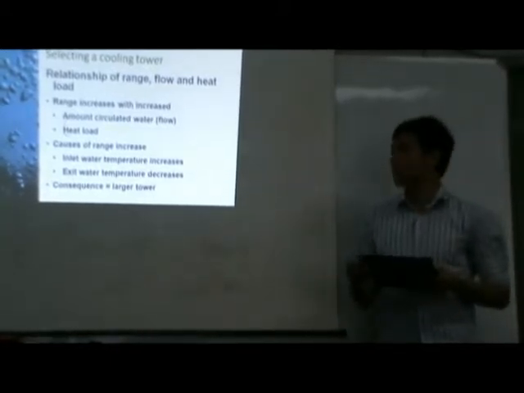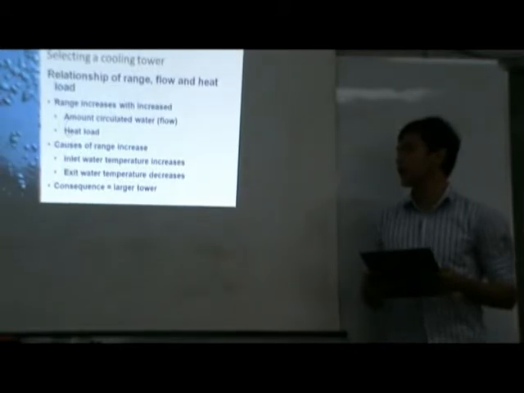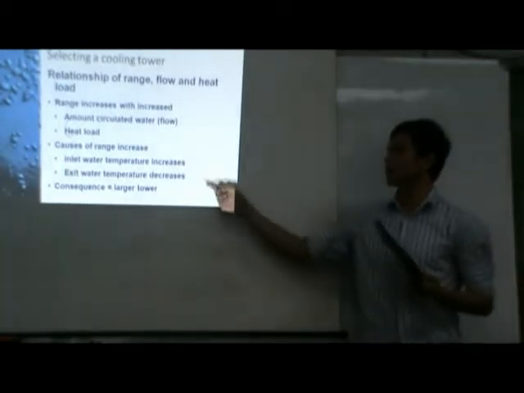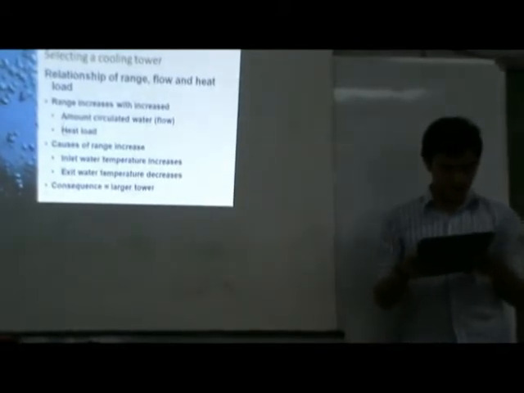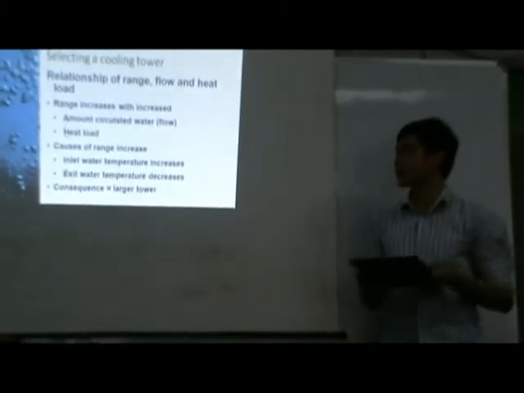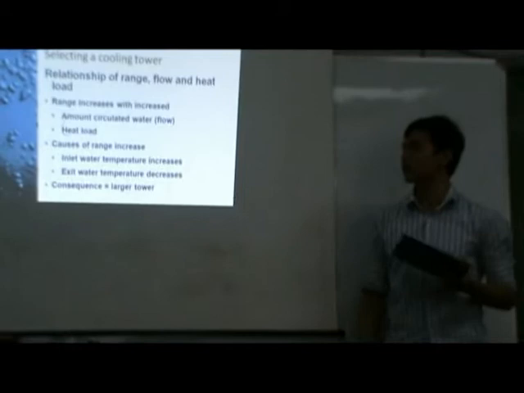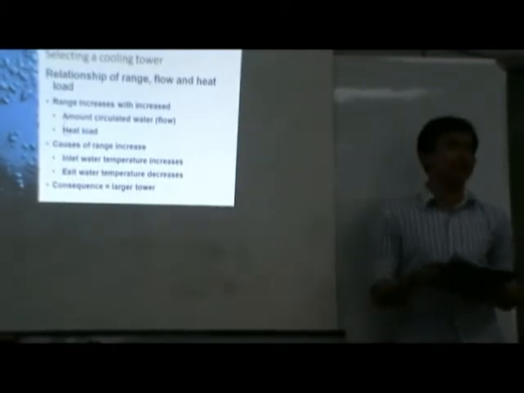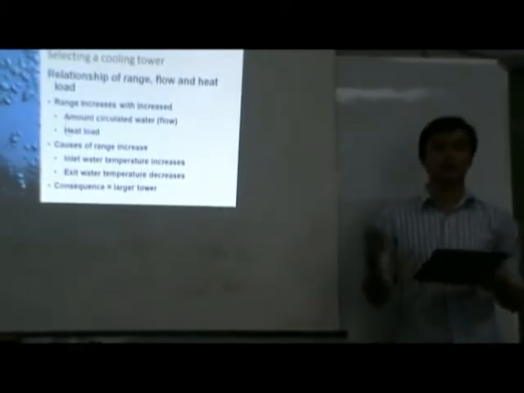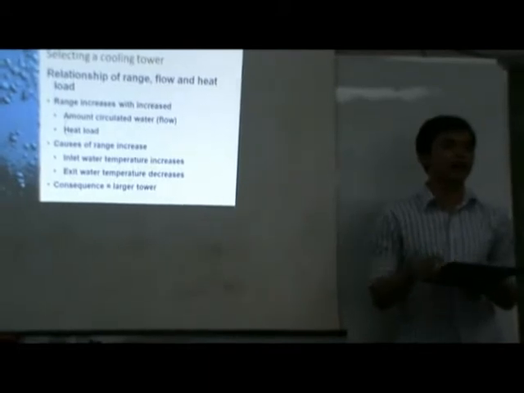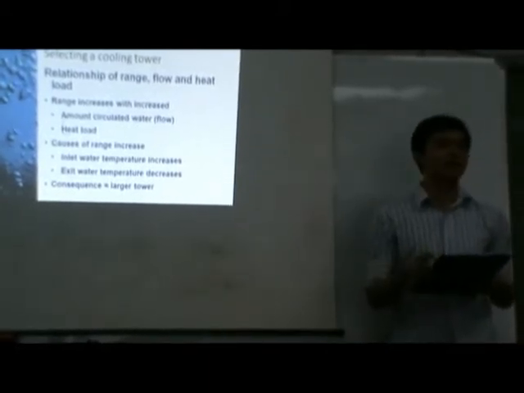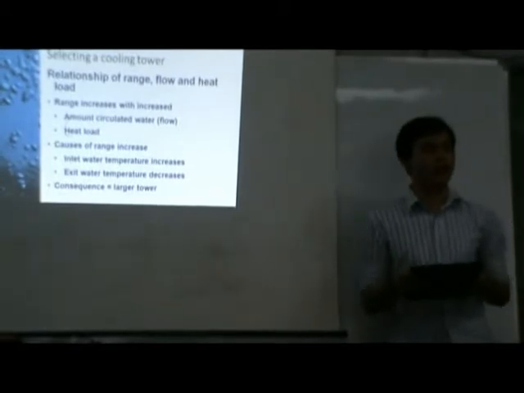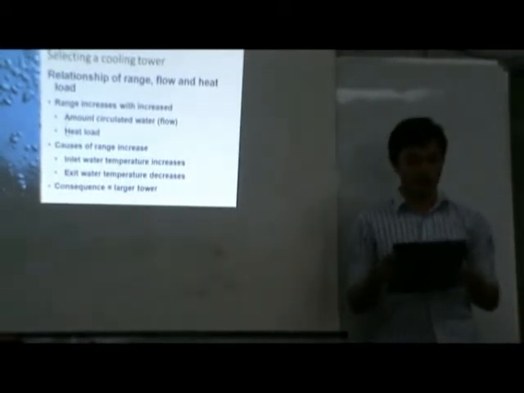So, pag pinasa natin yung range, pwedeng either dito yung mangyari: hot water temperature increases, cold water temperature increases. Pwedeng either or both. So, consequence of a range increase: syempre, if we have a higher range, that requires a larger tower. Again, larger tower means more expensive cooling tower.